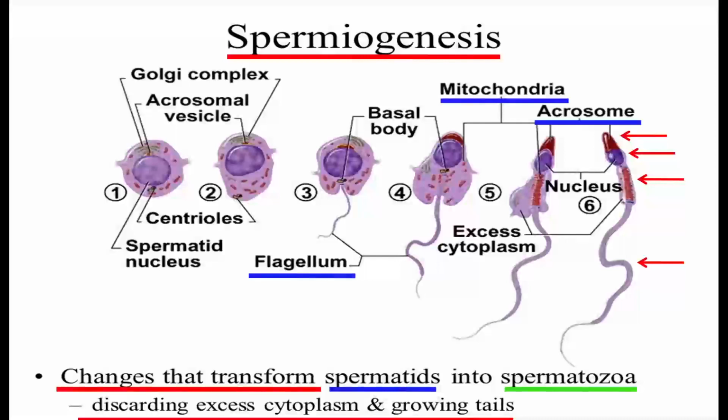And if you go to figure 2, you will find that the acrosome is beginning to get larger and collect more proteinous enzymes. Then at the bottom of that cell, you will find something called the centriole.